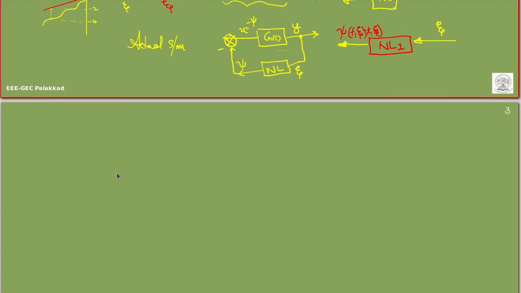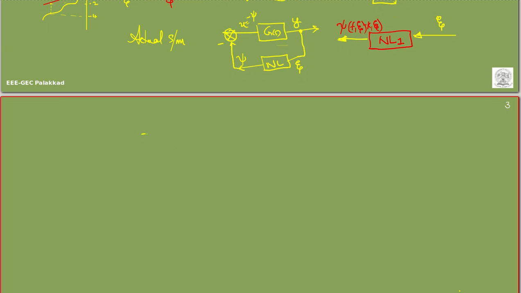I have the input as zeta, and I want the output to be xi of t comma zeta minus k1 of zeta. So I should use the actual nonlinearity and add or subtract some terms to get this.